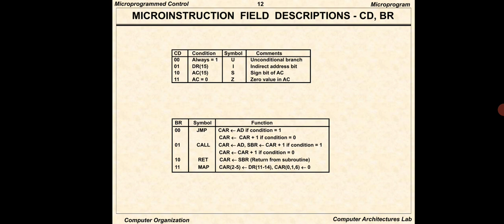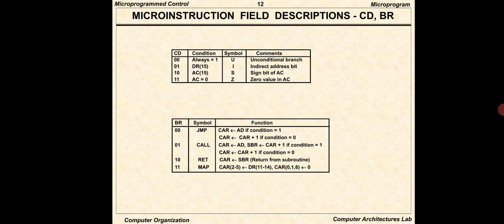In this jump instruction, if this condition is equal to 1, whatever the address register value is there will be moved to the CAR register. If it is 0, then I increment CAR plus 1 and store it into CAR.